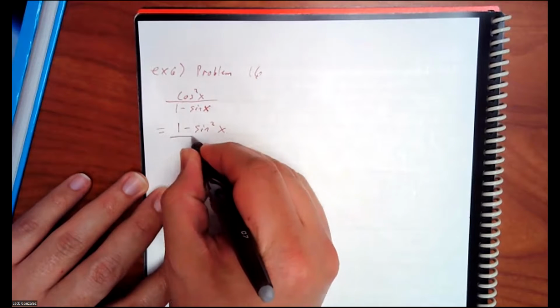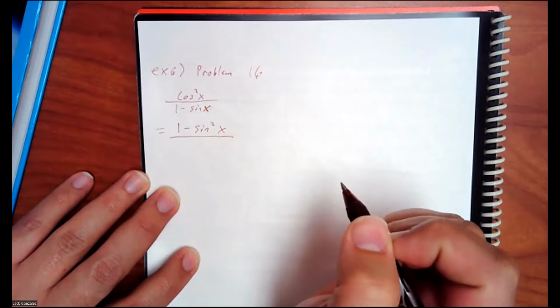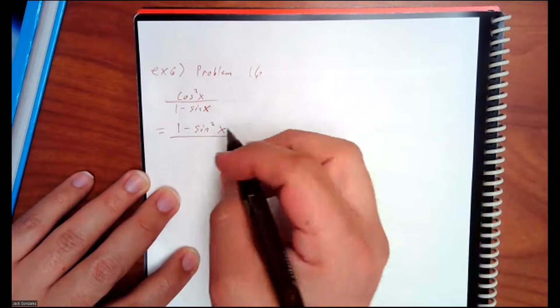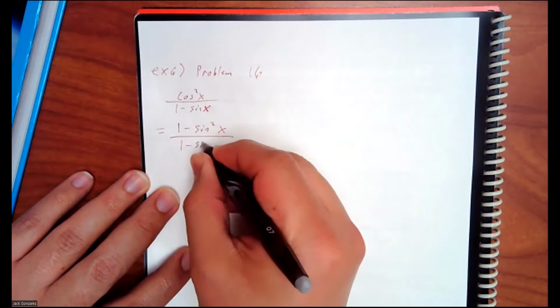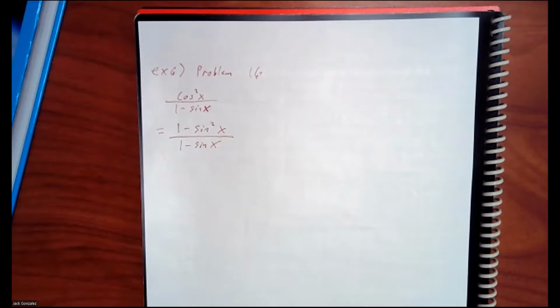So which one? That one, I wouldn't use it unless you see a pi over 2 in there, then try it. But if there's none in there, it's probably not going to help. Maybe. Cosine squared equals 1 minus sine squared. So now when you get there, you notice that looks kind of like the bottom, right? Almost. But it's not.